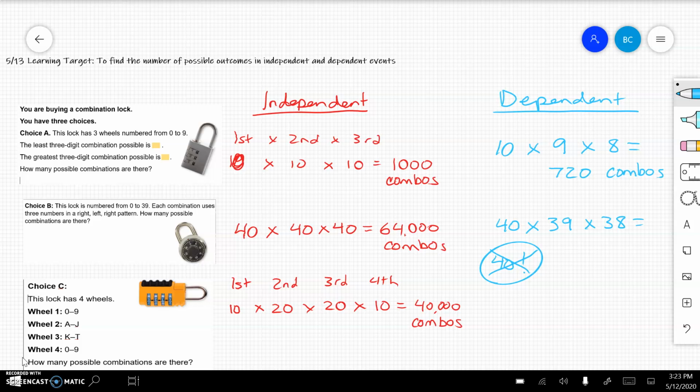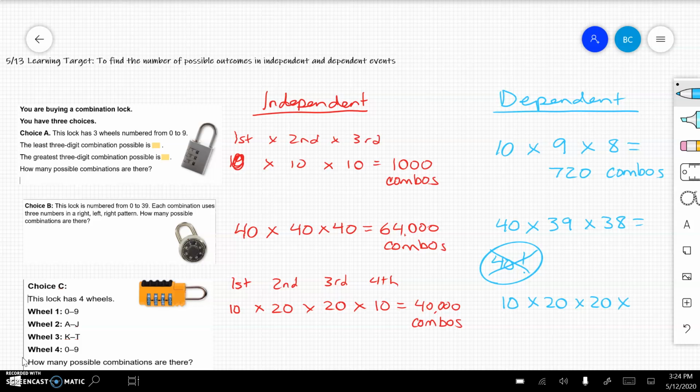And then on the final one, if I can't repeat numbers or letters, I want to be really careful on this one because my first wheel is numbers, so I have 10 possibilities. My next wheel is letters, so I have 20 of them. My next wheel is actually different letters, so I still have 20 options because I can't have used any of these letters over here.